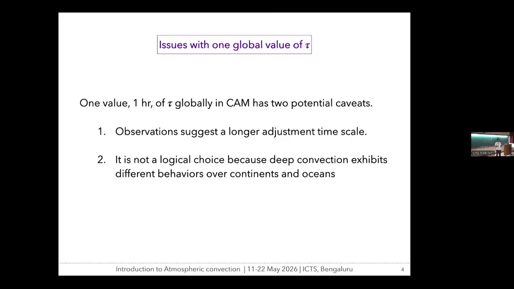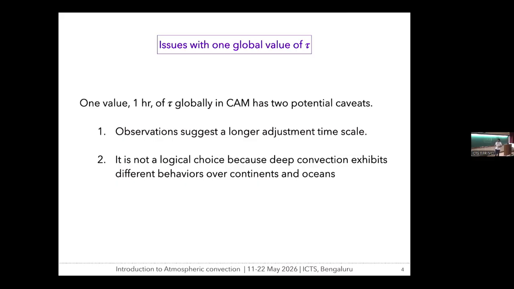They looked at moisture adjustment, and they found it almost takes half a day for moisture to adjust. But then Fayaz Ahmad in 2020 argued that the earlier studies didn't take into account the temperature contribution. If you take temperature contribution into account, then they argue that 2 hours is a decent value.